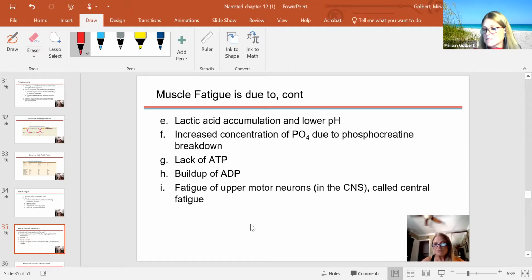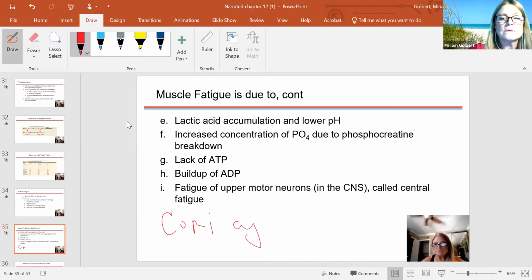There's a process by which we metabolize lactic acid, which is called the Cori cycle. So when we start doing a lot of anaerobic cellular respiration and we're accumulating lactic acid, that lactic acid needs to be recycled or metabolized and it becomes glucose again.